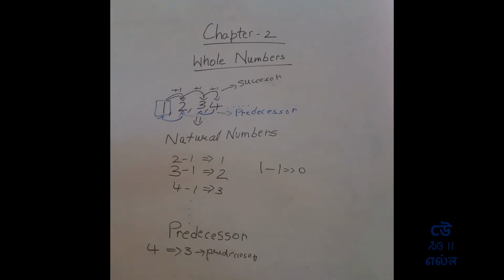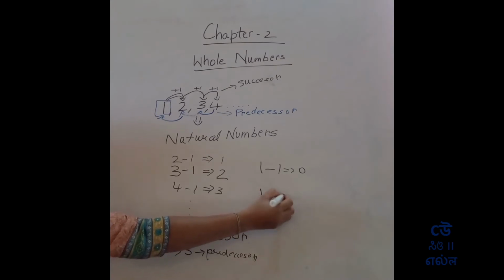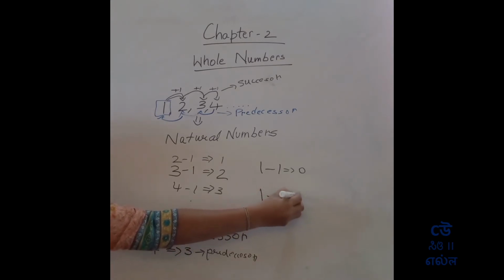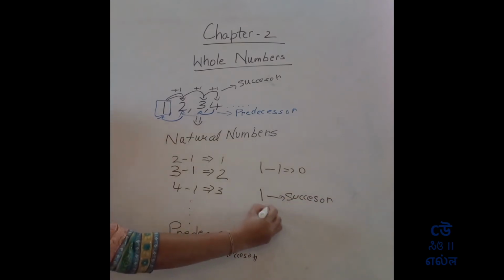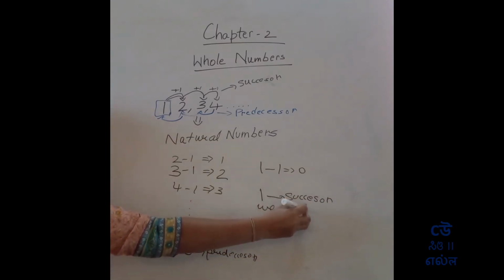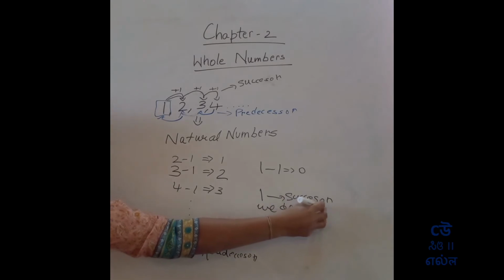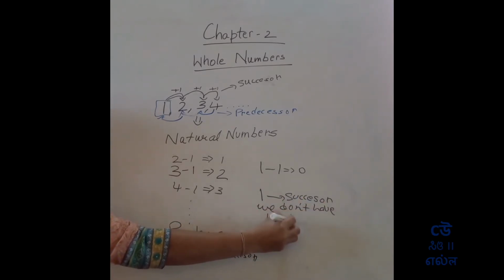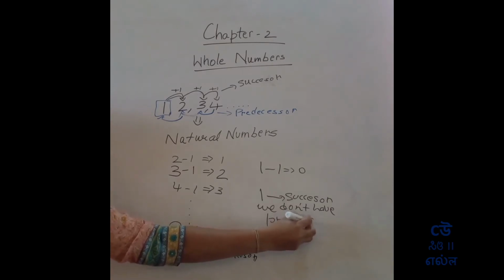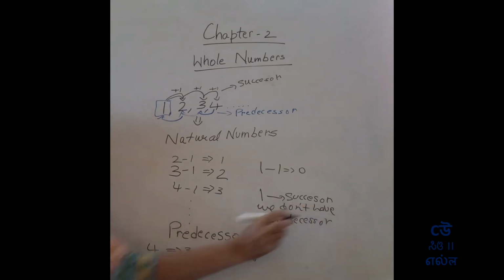So for 1 we will get only a successor. We don't have a predecessor.